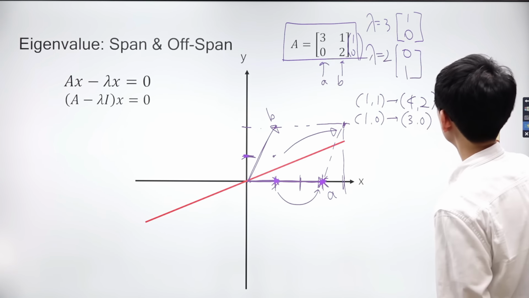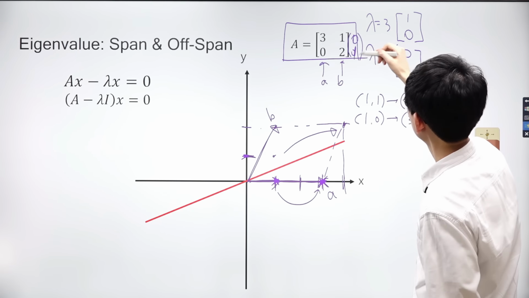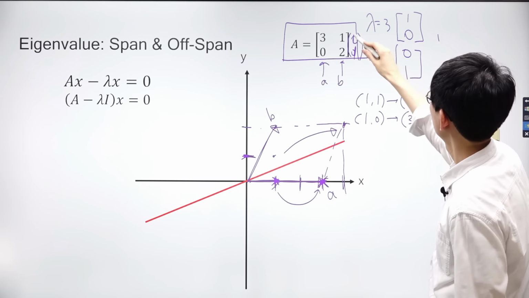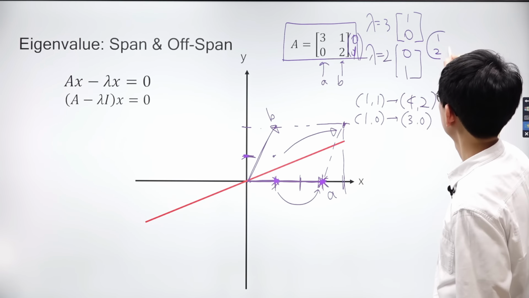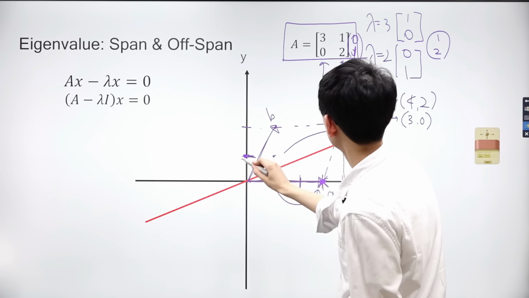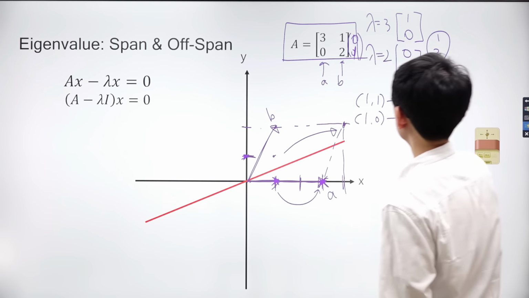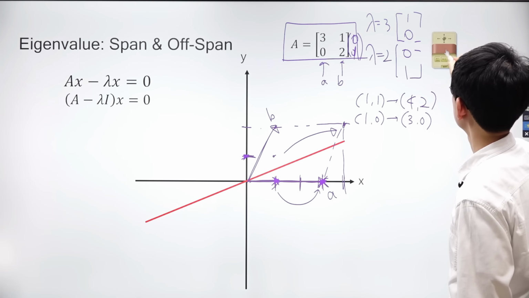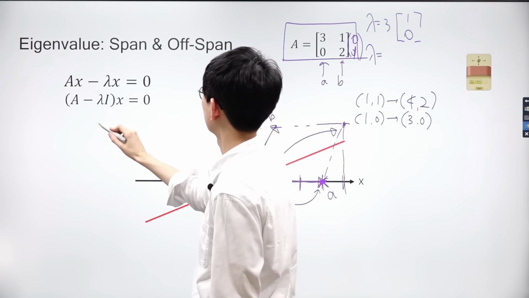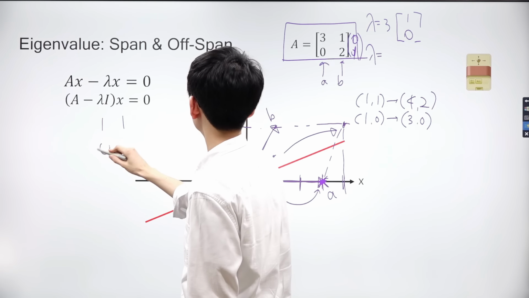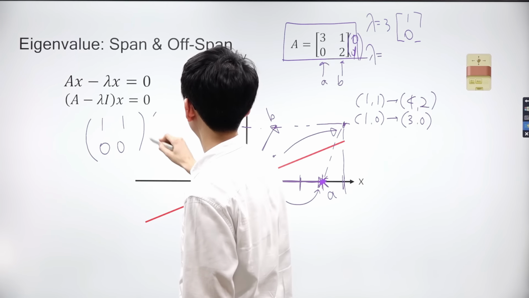If we multiply matrix A by the vector 0, 1, then we get a vector 1, 2. Oh, these two vectors don't lie on the same line. It is highly likely that I made a mistake, and 0, 1 is not an eigenvector of the matrix A.